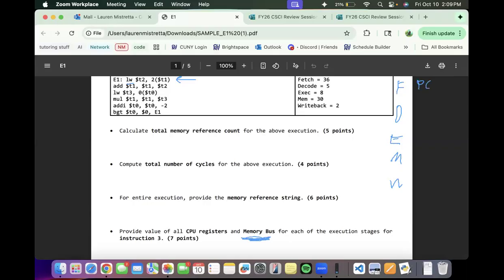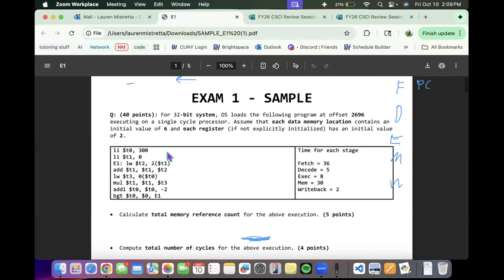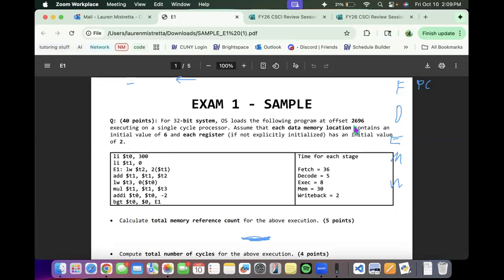Because the program counter is telling me where am I going? And we know what the program counter is because it's this number over here, 2696 at the start.